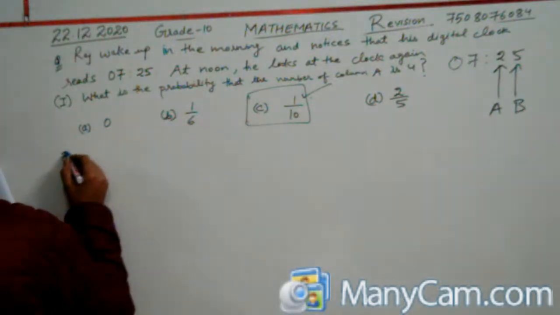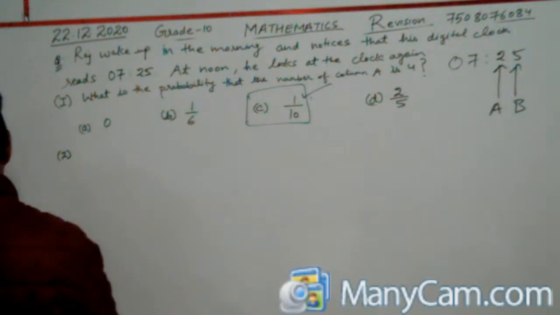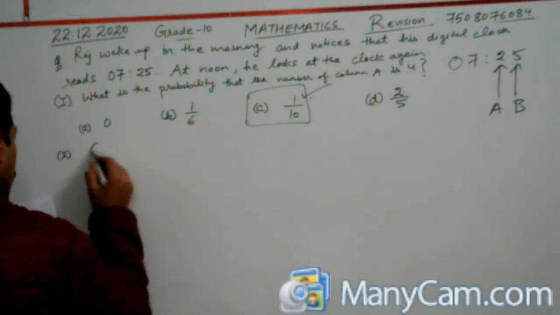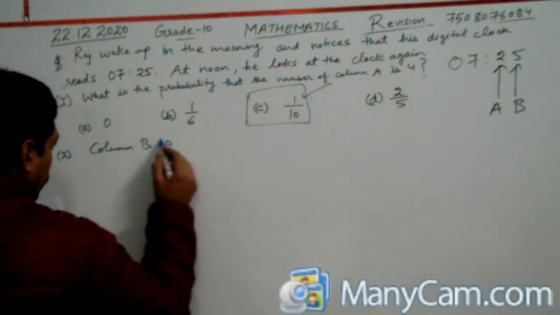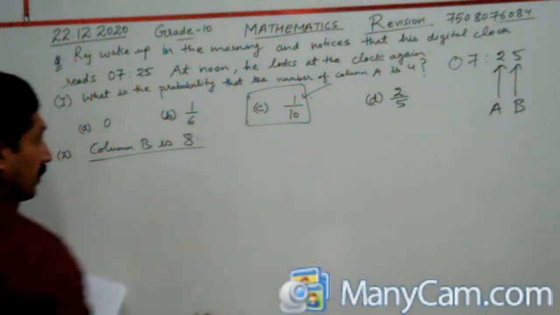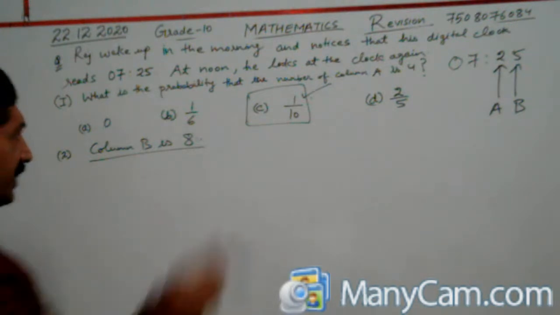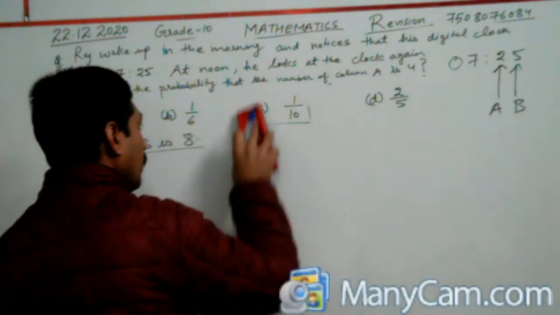Second, what is the probability that the number in column B is 8? So it is also again 1 by 8. Is it the right answer? No, wait. We are talking about a clock.